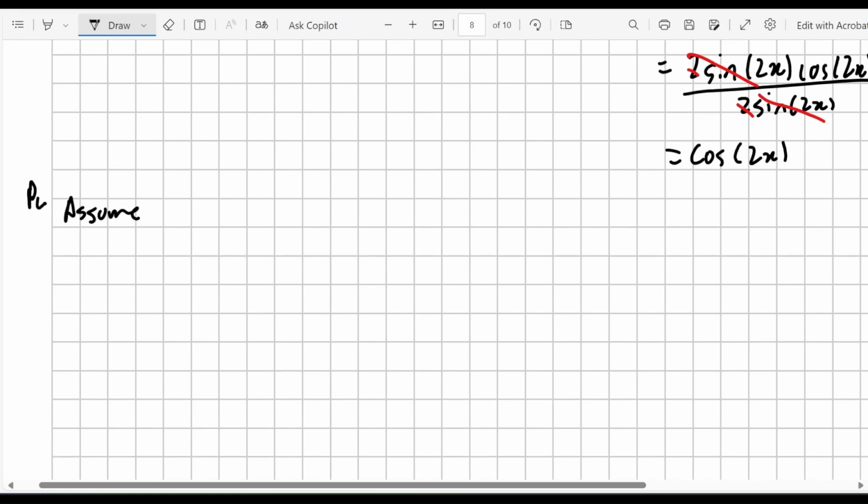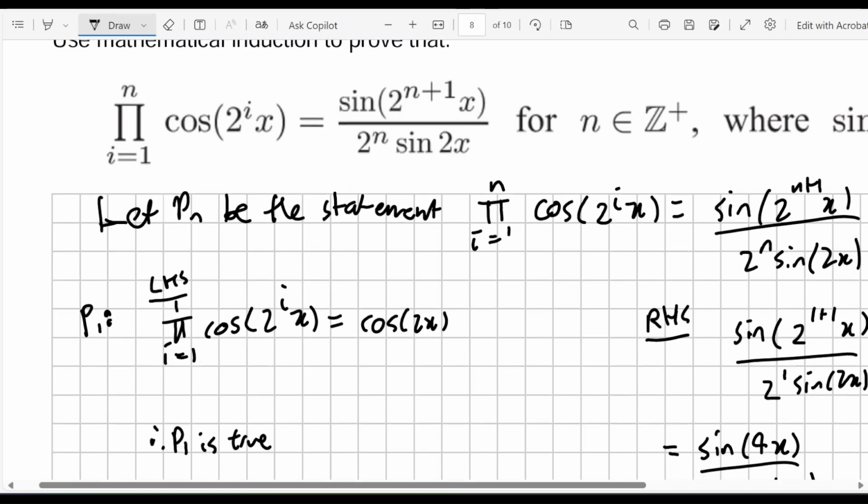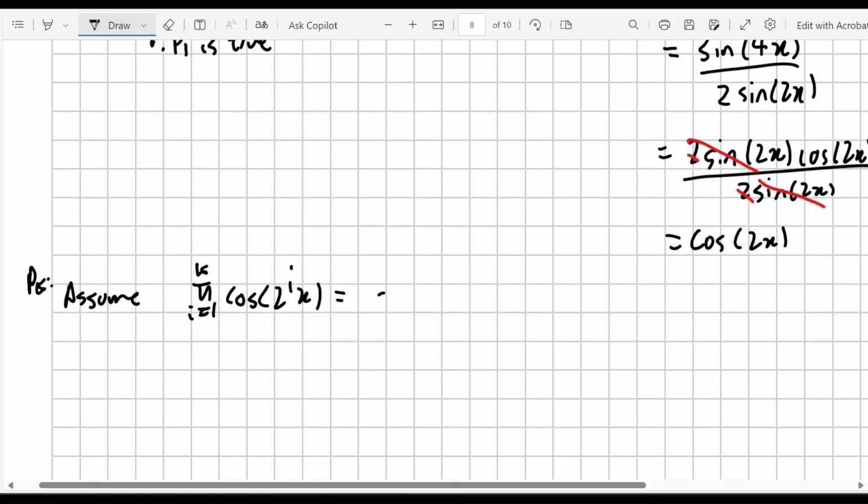All right, assume, so this is going to be P(k). Assume the product from i equals 1 up to k of cos of 2^i x is sine of 2^(k+1) x all over 2^k sine of 2x, just like that.